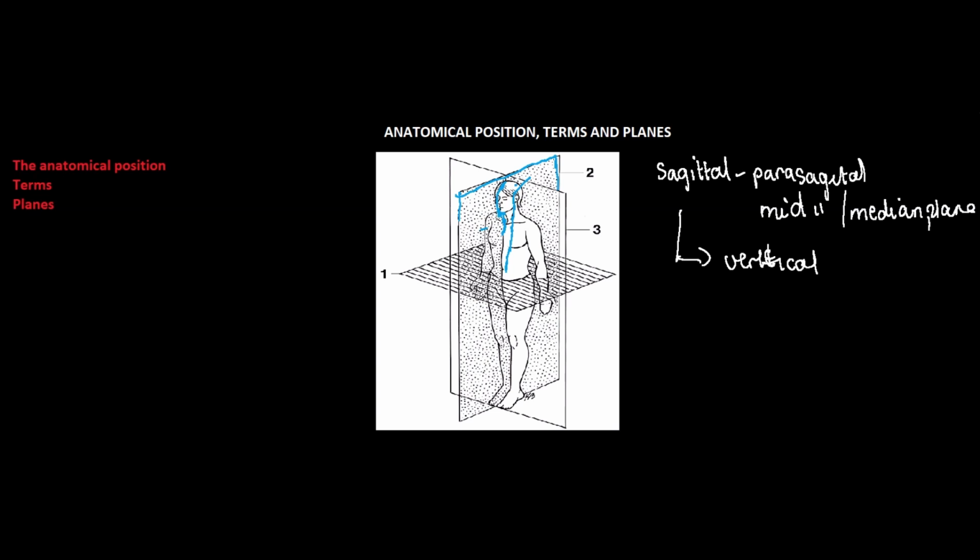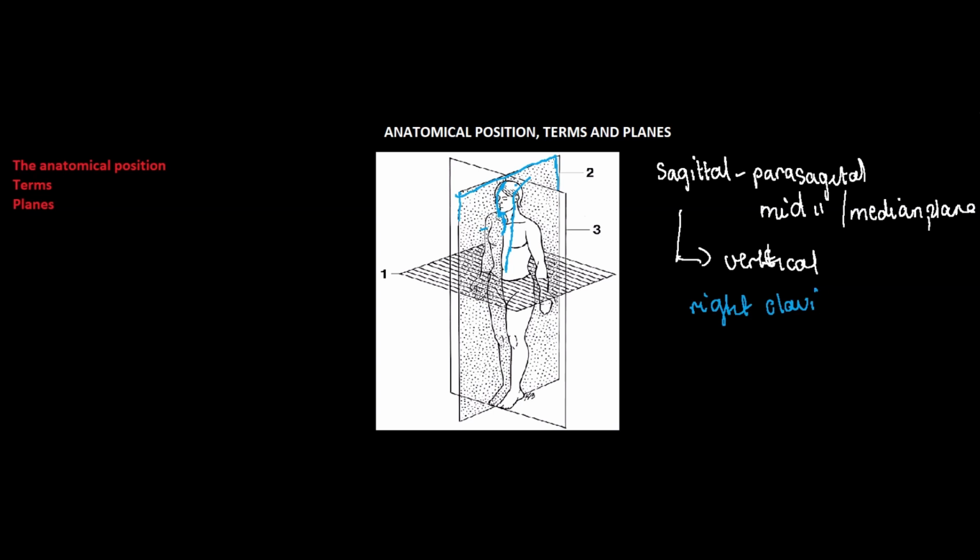Now, because the parasagittal plane could be at any position, it's always important to state exactly what parasagittal plane is being referred to. For example, we could have a parasagittal plane that cuts through the middle of the right clavicle.